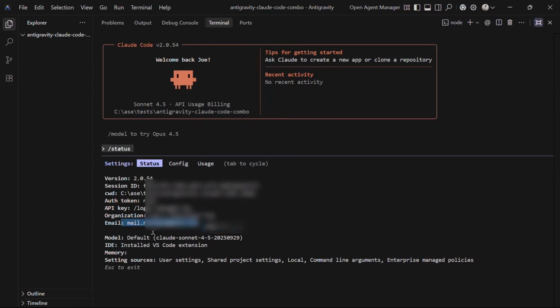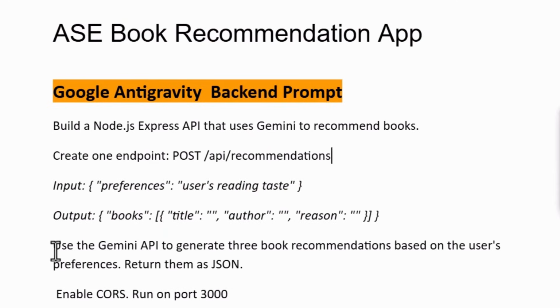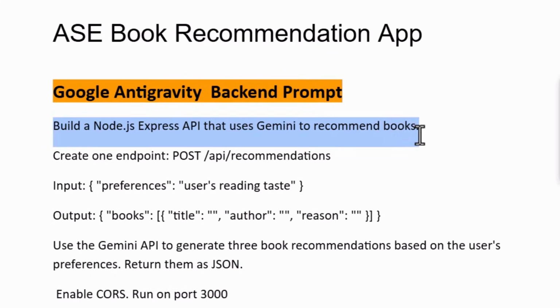Let me review the prompt that we'll be using to build our test project. We are building a book recommendation app, and we've divided the roles into two, where Google Antigravity will work on the backend prompt and Claude Code will work on the frontend. For the Google Antigravity backend prompt, we are building a Node.js Express API that uses Gemini to recommend books.